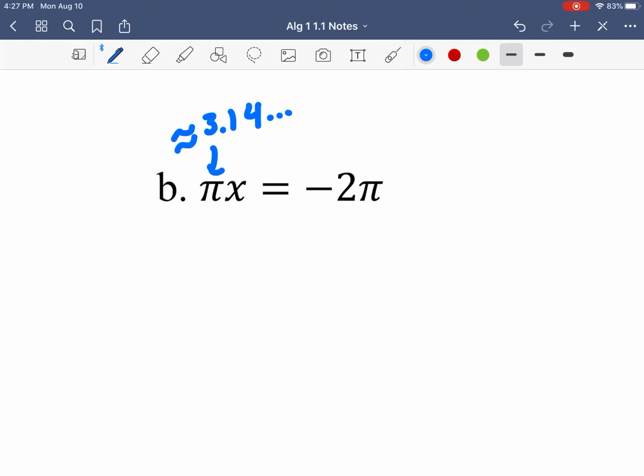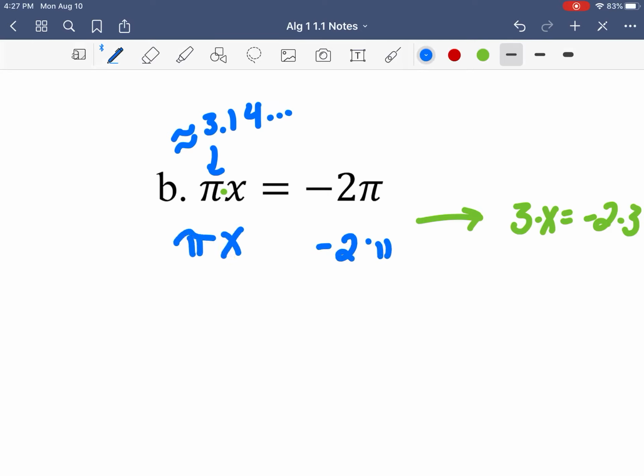But if I have those, I just think of this as a multiply. Sidebar, how I would think of this is it's like 3x equals negative 2 times 3-ish. So to get rid of this 3 times, there's actually a times going on there, and it helps to write that in. To undo a multiply, I need to divide. So I need to take this side and the other side and divide both sides, using fraction bars, by what's multiplied by the x. The thing multiplied by the x here is the pi.